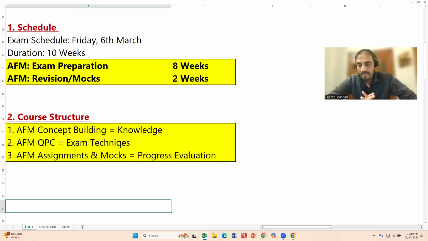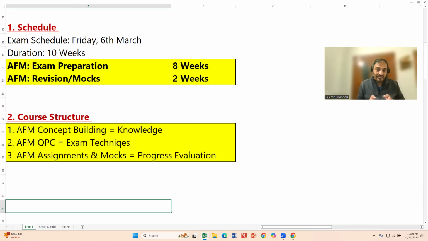Listen carefully. The course structure is based on the factors required to get success in the exam. First of all, we need to be aware of what the core points are that we need to cover or obey as a student to get success. Then I will let you know, based on these 3 points, I have made the course structure.